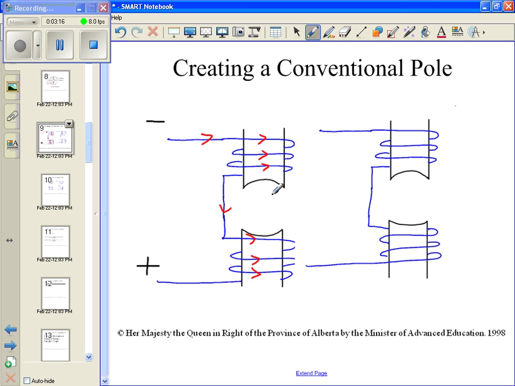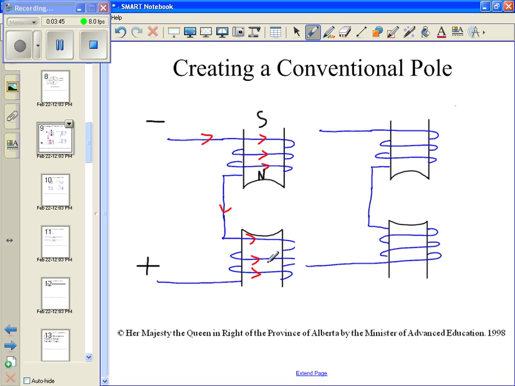Now this is the point where we have to remember our left-hand rule for conductors. If we use our left hand, we can identify where we're creating a north and where we're creating a south pole. We're going to start with the top winding first. Using the left-hand rule for coils, this will produce a north pole right here, which of course means that produces a south pole right there.